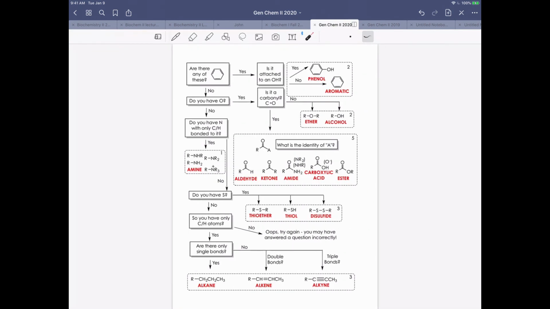So look at this sheet as a great way to practice learning your functional groups. Ideally you want to get to the point where you can look at a molecule, see any heteroatom, and recognize that functional group. But until you can do that, this flow chart might be helpful in that process.